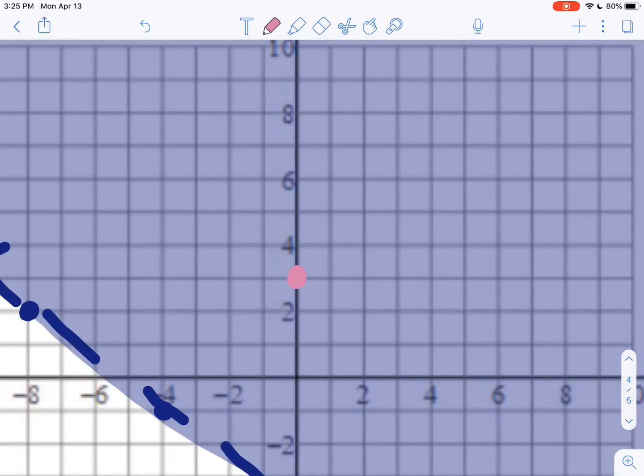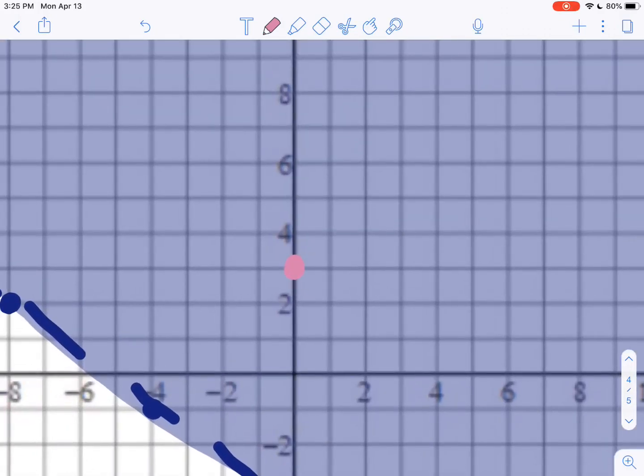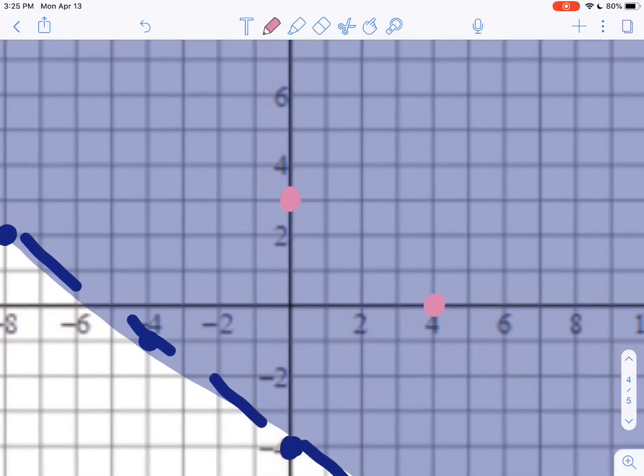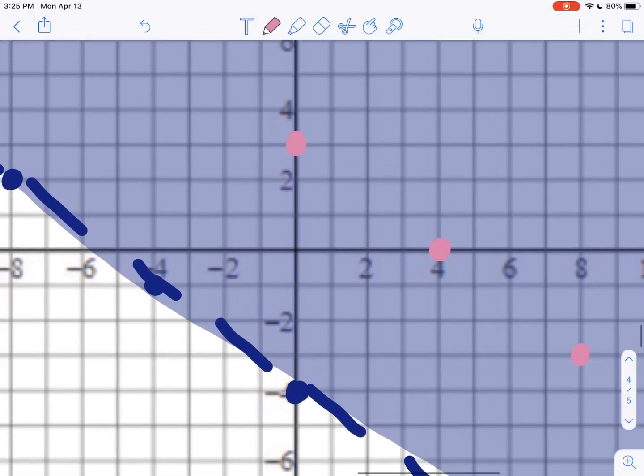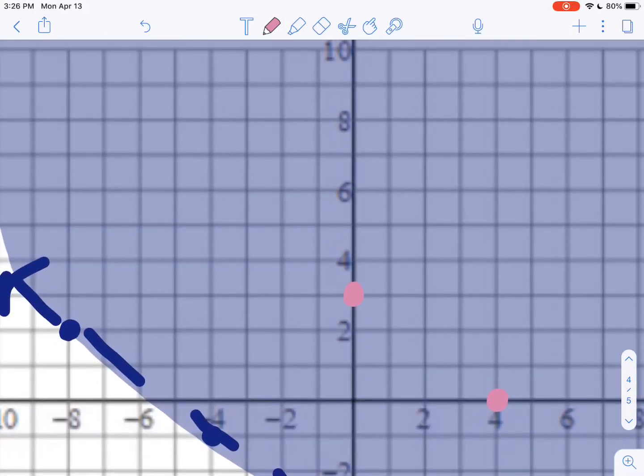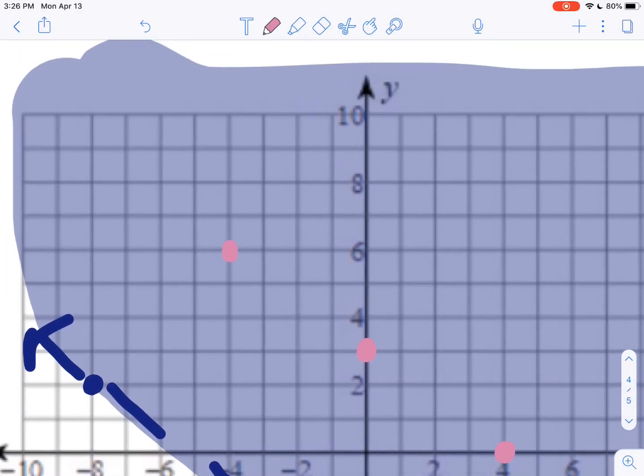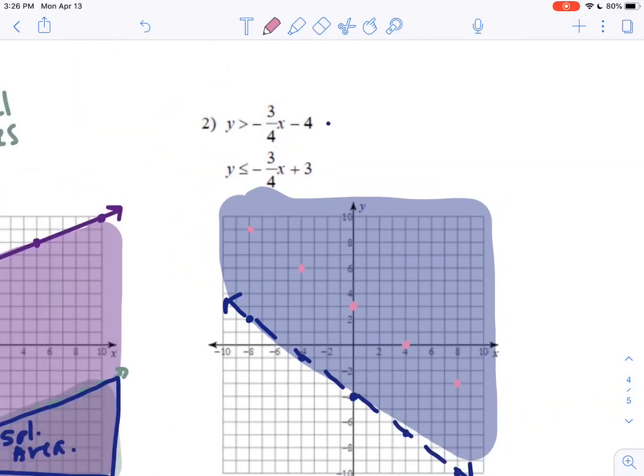So I'm going to go down 3 to the right 4, or I could go up 3 to the left 4. Okay, and this one has a line underneath, so this is a solid line.